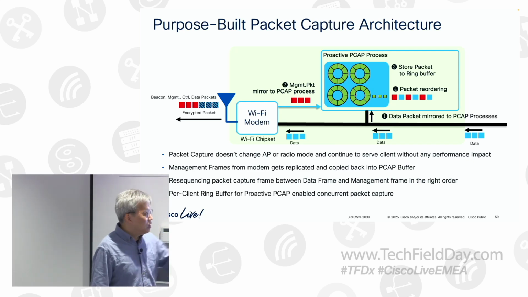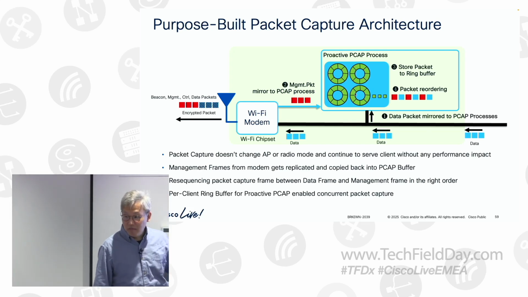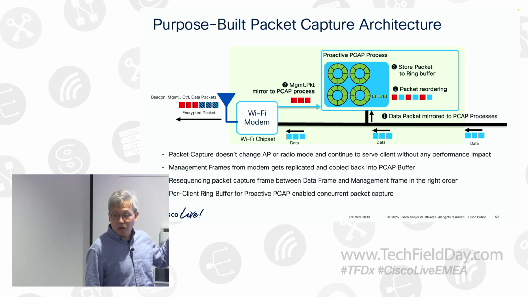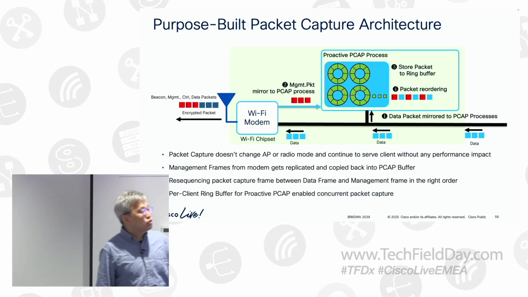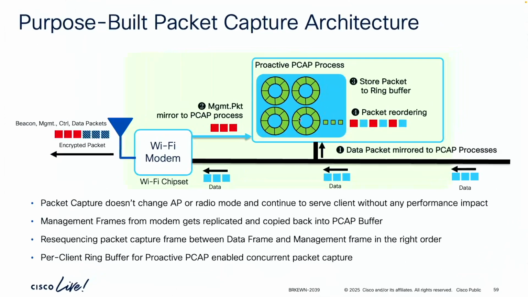When you get the packet capture, the Wi-Fi modem itself always replicates the exact outbound over-the-air traffic to the packet capture module. It happens all the time. That's why we are able to get the probing, control frames, and beaconing every time, because we are replicating all the time.